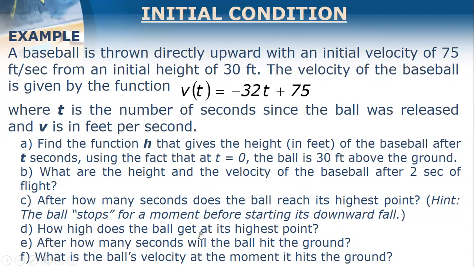Letter D: how high does the ball get at its highest point, or the maximum height reached by the ball? Letter E: after how many seconds will the ball hit the ground? And last, what is the ball's velocity at the moment it hits the ground? Let's try to answer these questions.